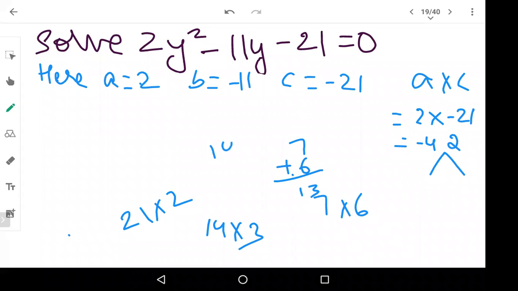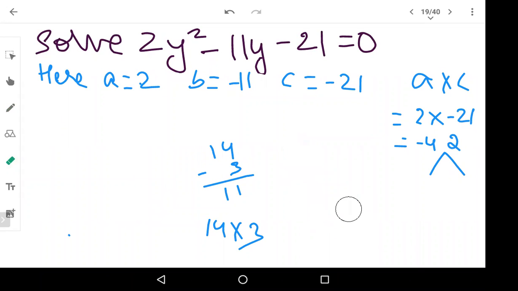14 and 3, 14 minus 3, you will get 11, right? 21 and 2, you will not get this. 7 and 6, you will get 13. So we will have to end up with 14 and 3. Good. So 14 and 3 are the factors. Now you have to get minus 42.